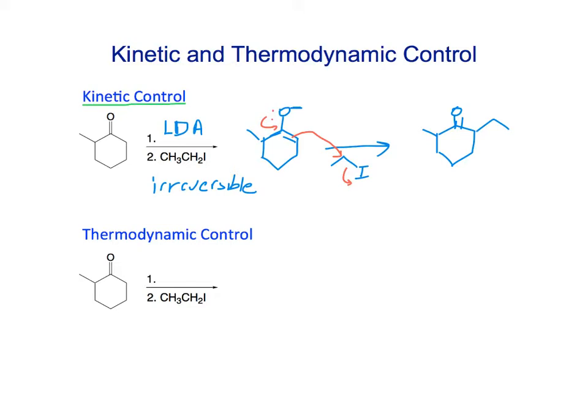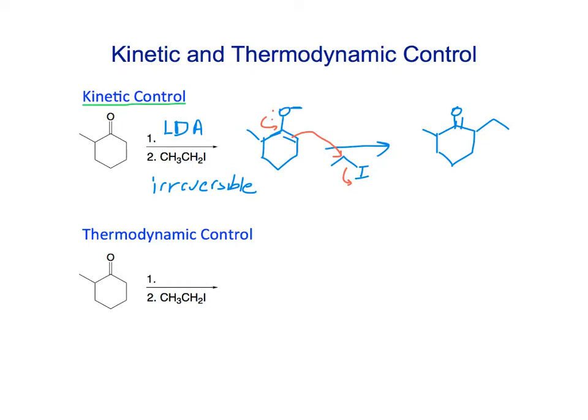Reversibility, okay? So what we want is to use a base or a scenario that allows the enolate formation to be reversible. Because the less exposed position is always going to be the fastest to be removed, okay? But once it's formed, if it can go backwards and equilibrate, then the more stable one will predominate, okay?